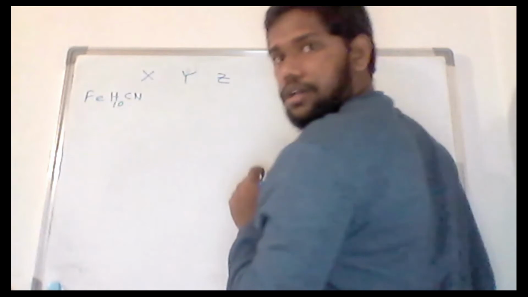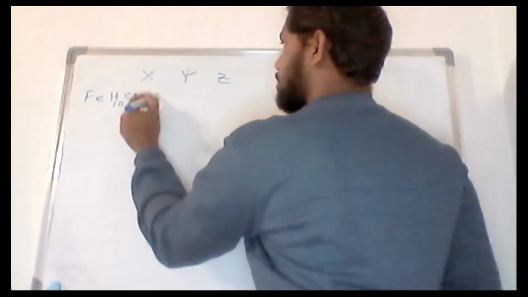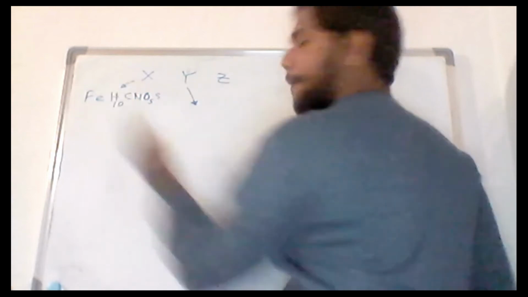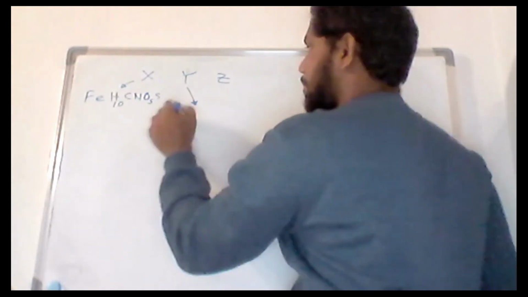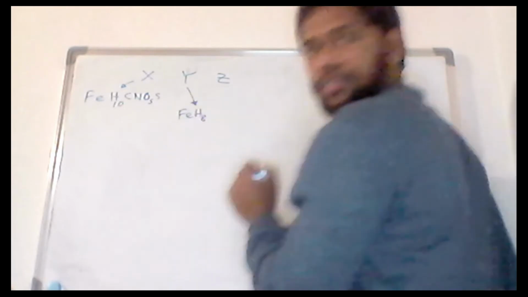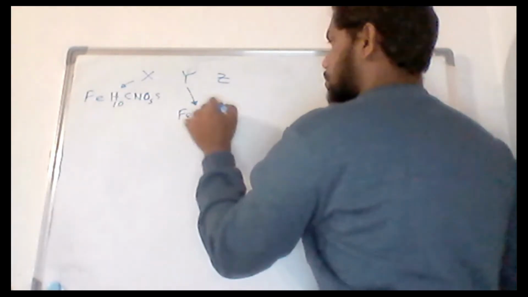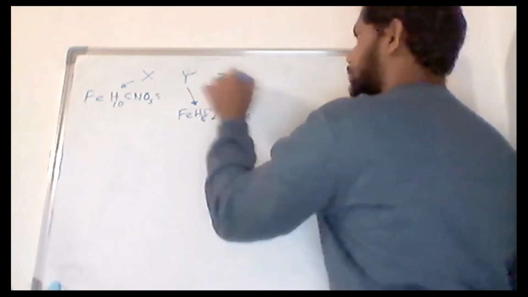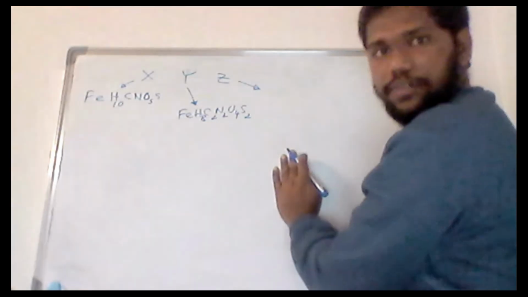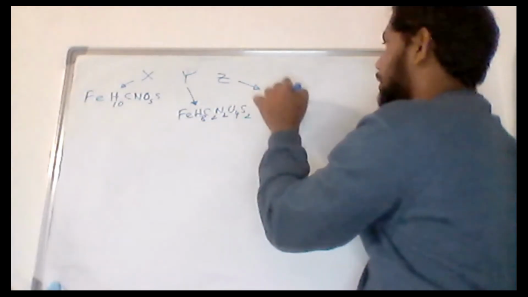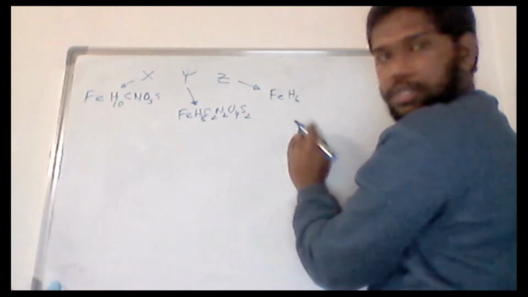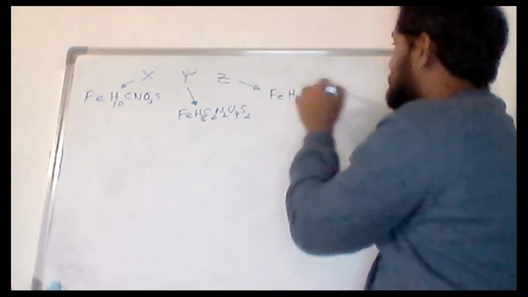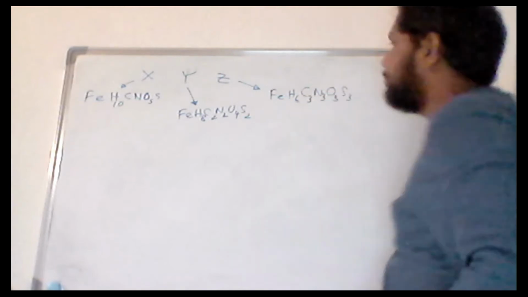And in Y they have given the same Fe, H8, C2, N2, O4, S2. And in Z, they have given Fe, H6, C3, N3, O3, S3.